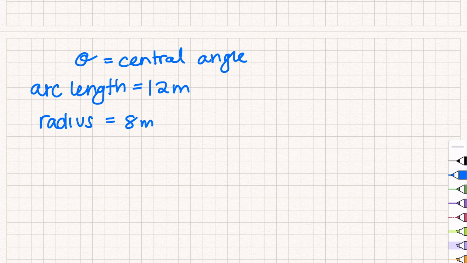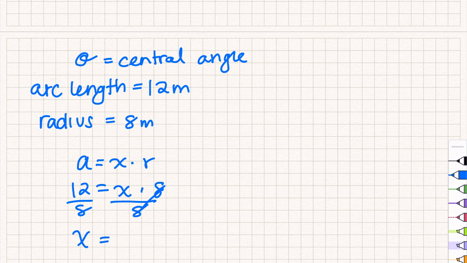So what we would have to do here is take A equals x times r. So 12 equals x times 8. Divide both sides by 8. So x is equal to 3 over 2, which is 1.5 radians.